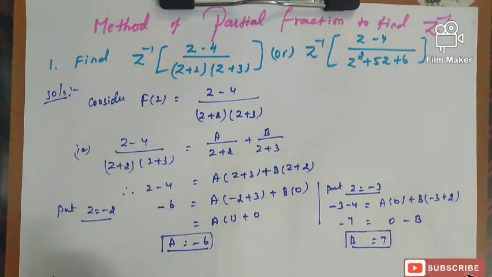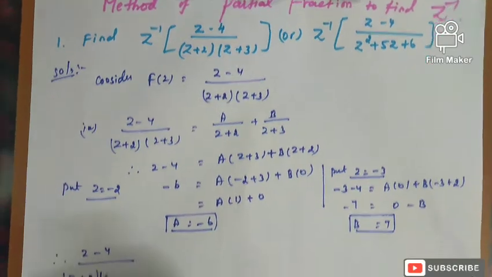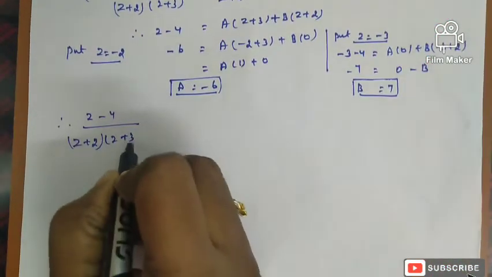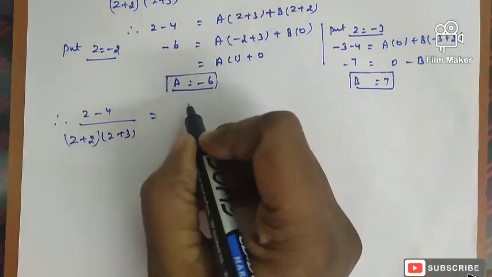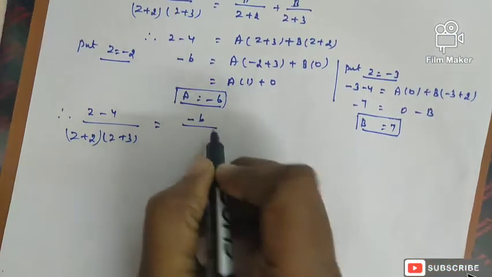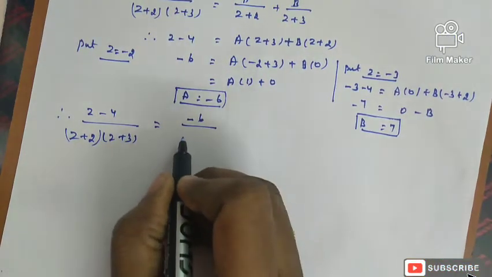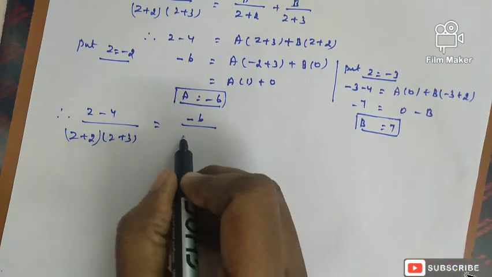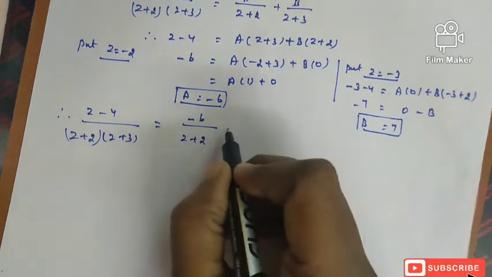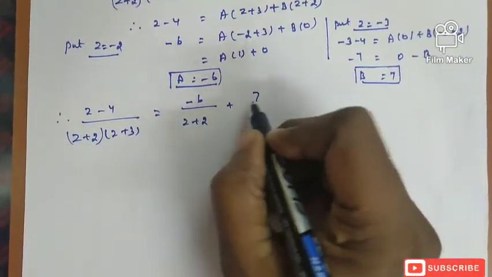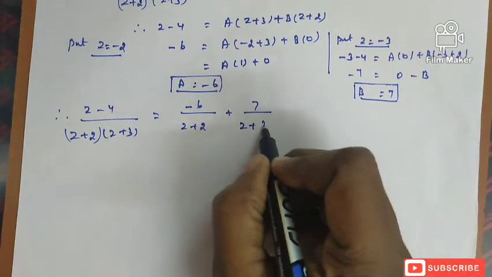Therefore, we substitute the values of A and B. So Z minus 4 divided by Z plus 2 into Z plus 3 equals minus 6 by Z plus 2 plus 7 by Z plus 3.